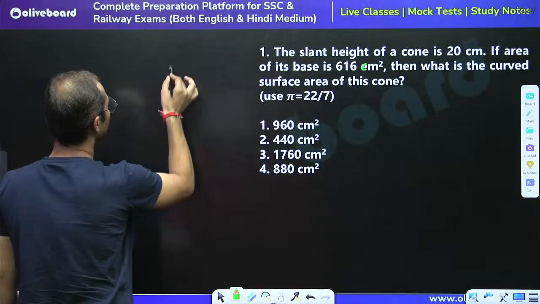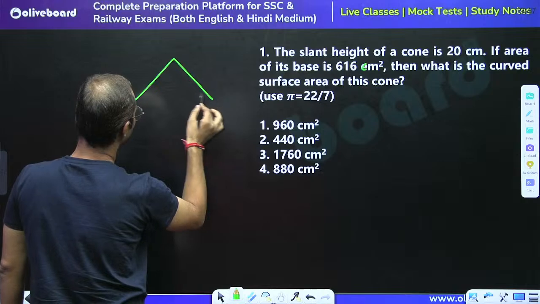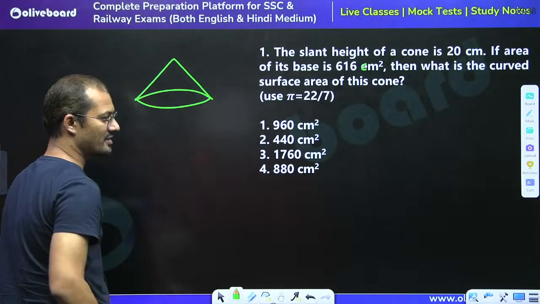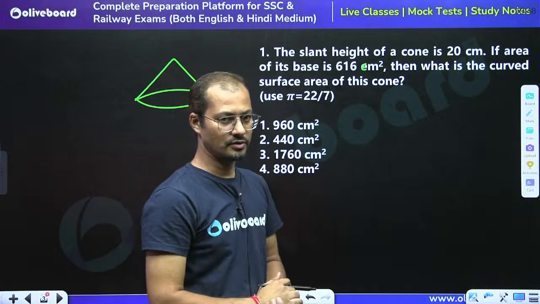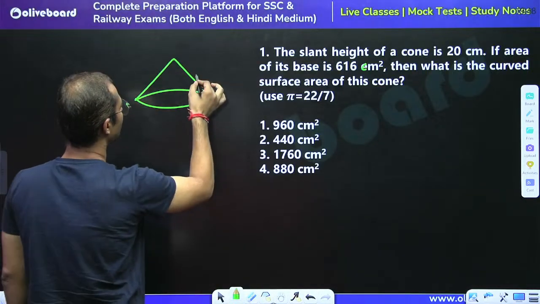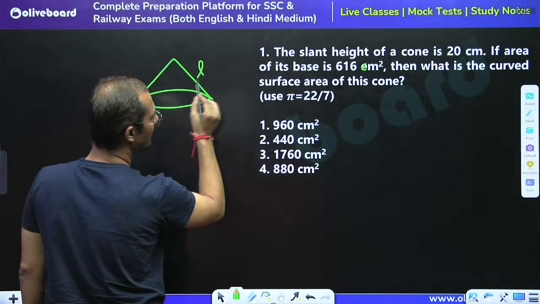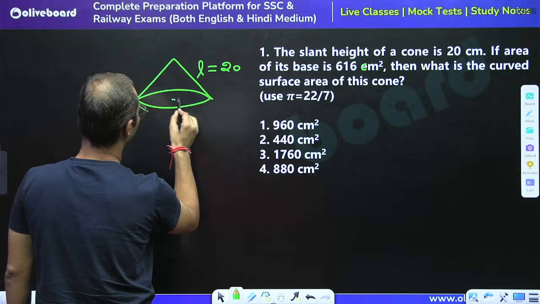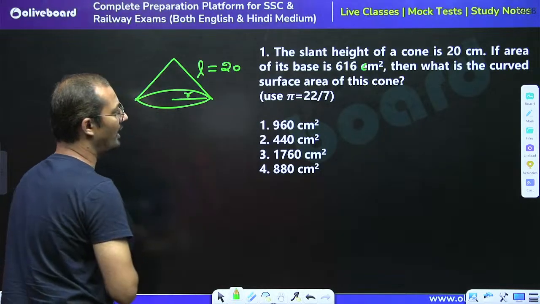We know that this is the figure of a cone, like a birthday cap, or we can say an ice cream cone, right? So this is the slant height, which is represented by l, and this is equal to 20. And the radius is, we can say, r.